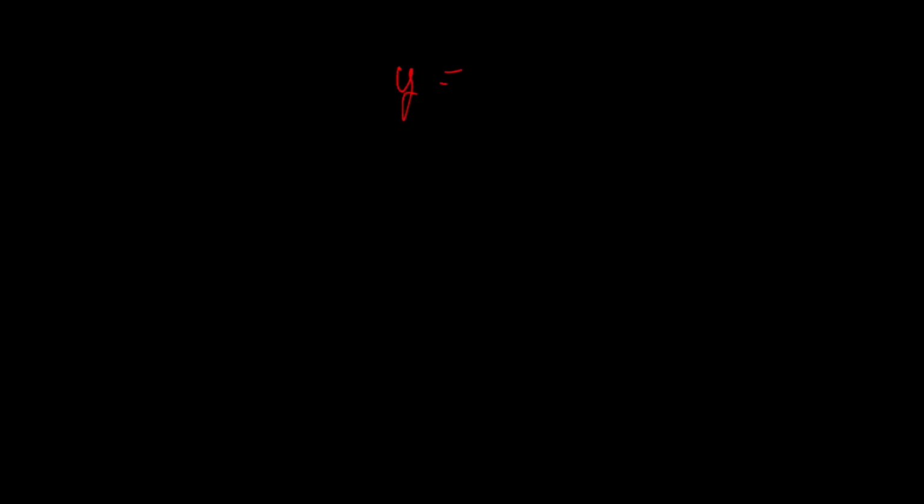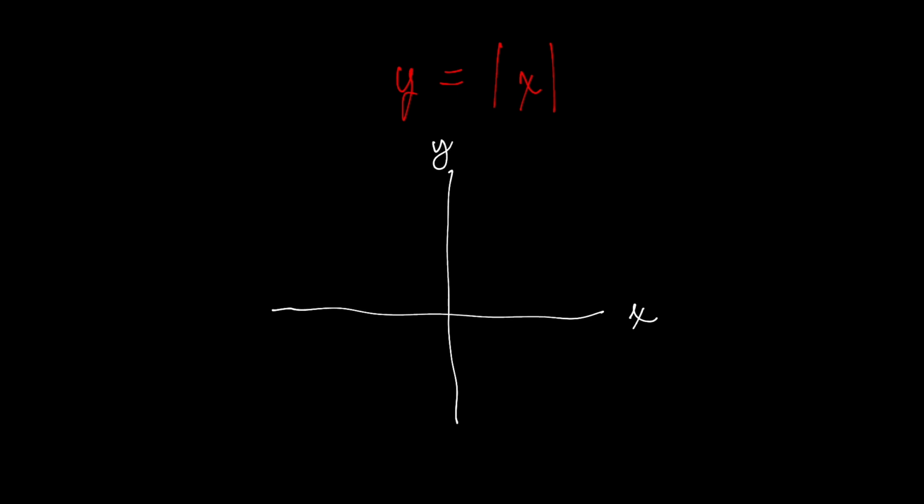And that is y equals the absolute value of x. So what this looks like on the coordinate plane is a V. It goes on both sides. These are supposed to be straight lines.